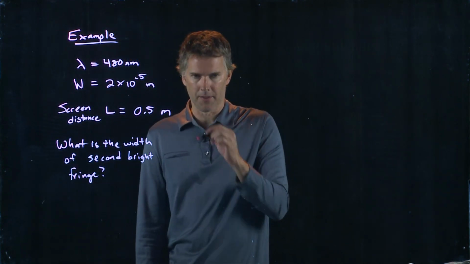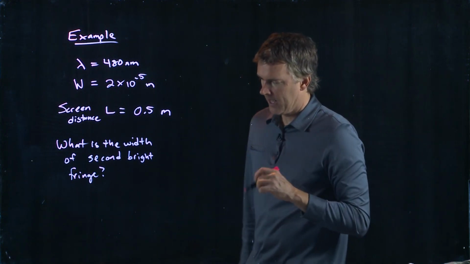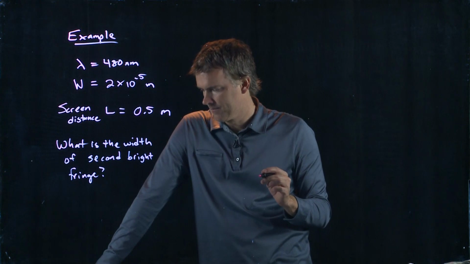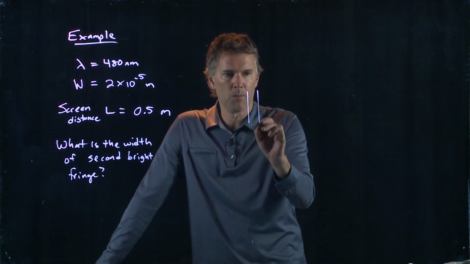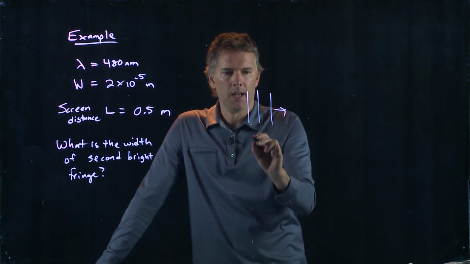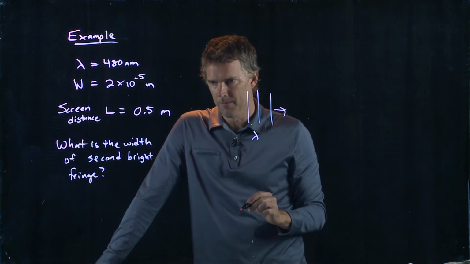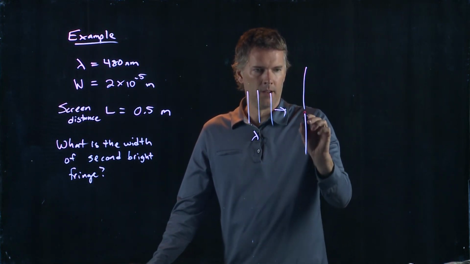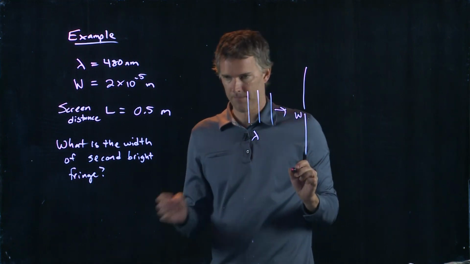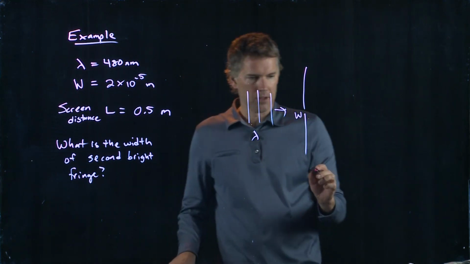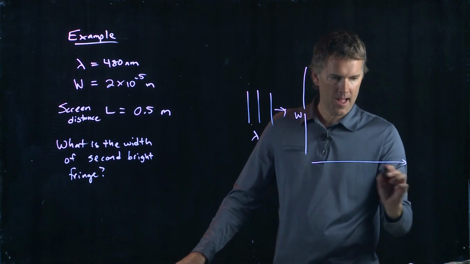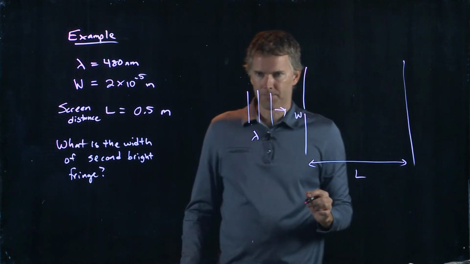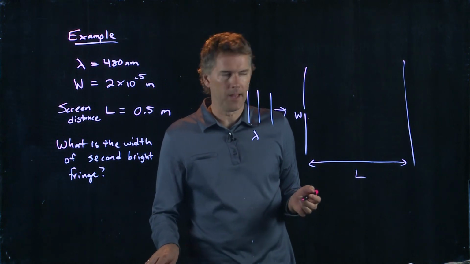All right, so we're going to have to think about this one a little bit. And I think initially what we should do is probably draw a picture. Okay, so we have a plane wave coming in. It's got wavelength lambda. It's going to hit a slit of width W. It's going to go a distance L to a screen, and then it's going to leave a pattern on that screen.